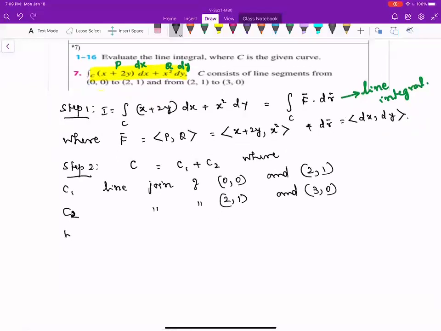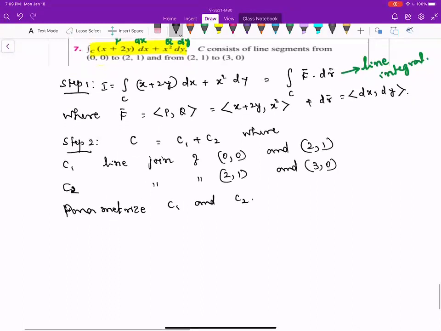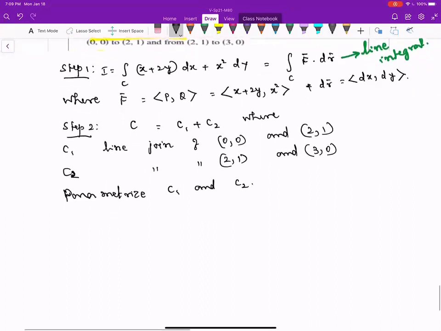So we have to parameterize C1 and C2, to reduce the number of variables. For the line joining (0, 0) to (2, 1), the slope is the difference in y over the corresponding difference in x, so it is 1/2.